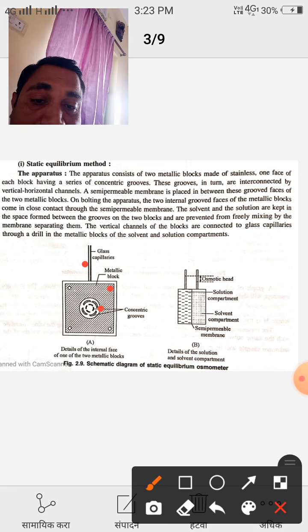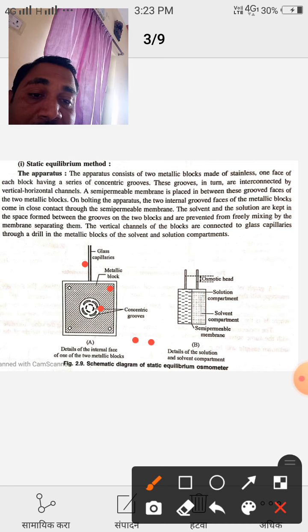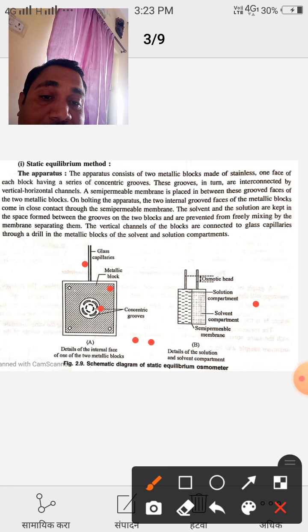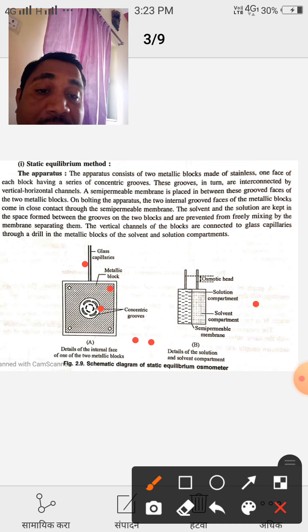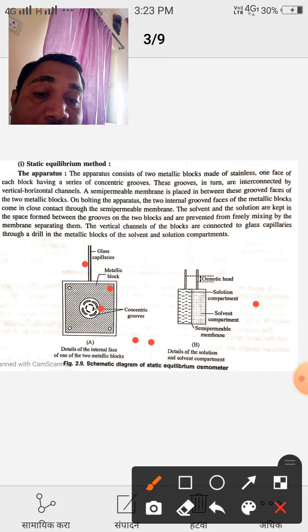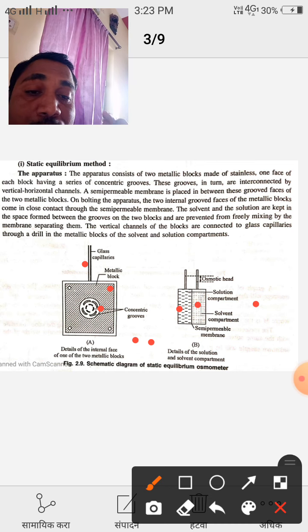That means these are the apparatus, but from this apparatus we have to draw a diagram, which gives a clear idea about the procedure which takes place in the static equilibrium method. There are two compartments formed here. One is the solvent compartment and the second one is the solution compartment.